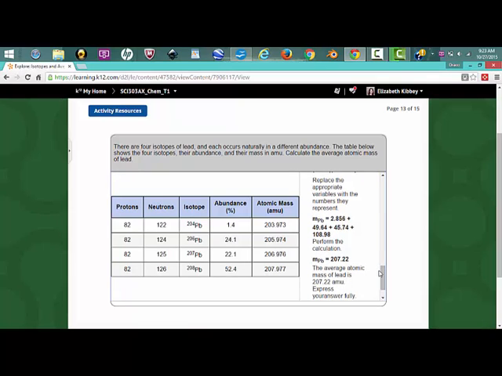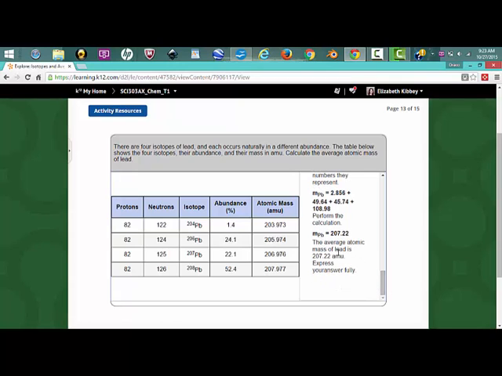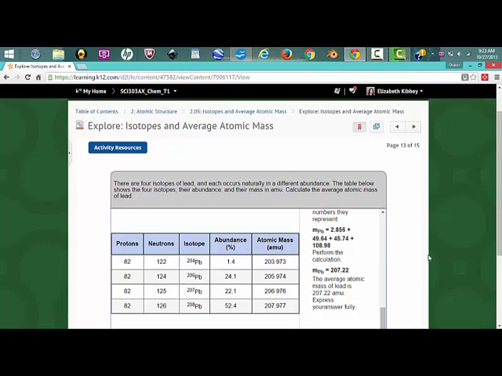Replace the appropriate variables with the numbers they represent. Mass lead equals 2.856 plus 49.64 and so on. Perform the calculation. Mass lead equals 207.22. The average atomic mass of lead is 207.22. Express your answer fully.